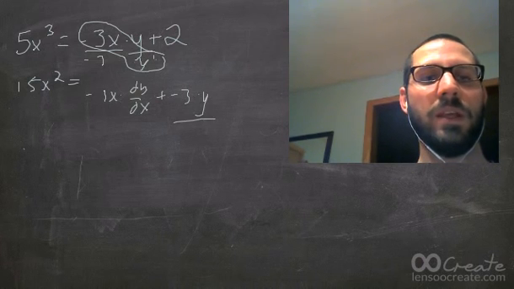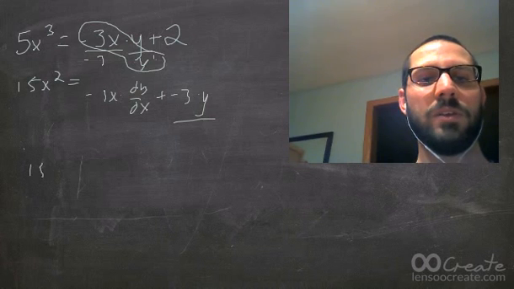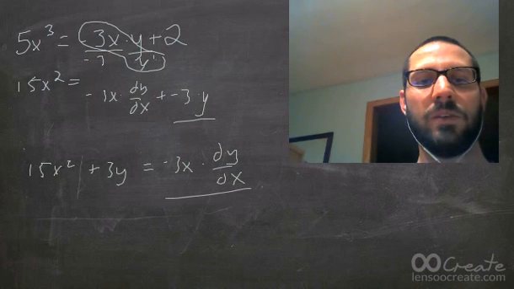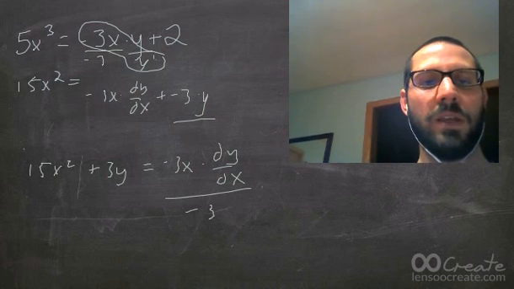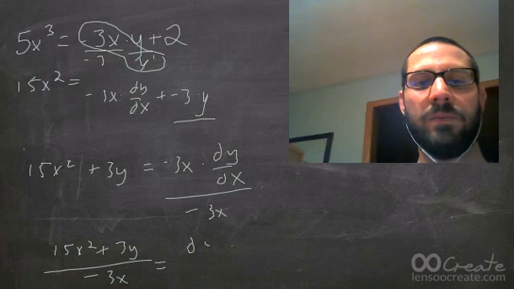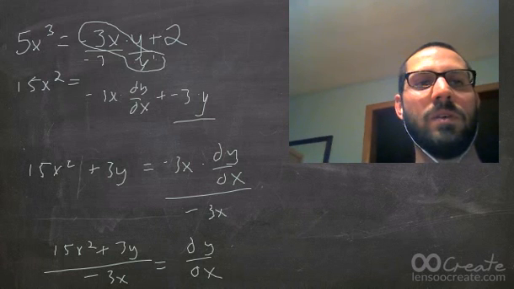We'll add our 3y over, 15x squared plus 3y equals negative 3x dy/dx, divide by the negative 3x. 15x squared plus 3y divided by negative 3x equals dy/dx.